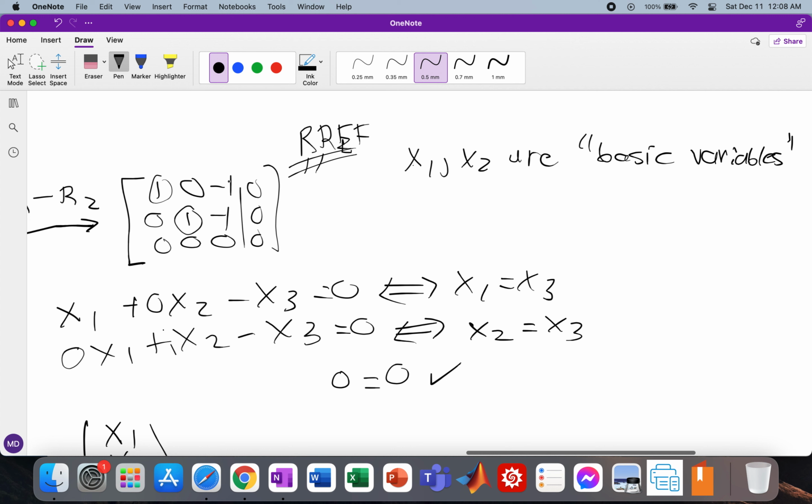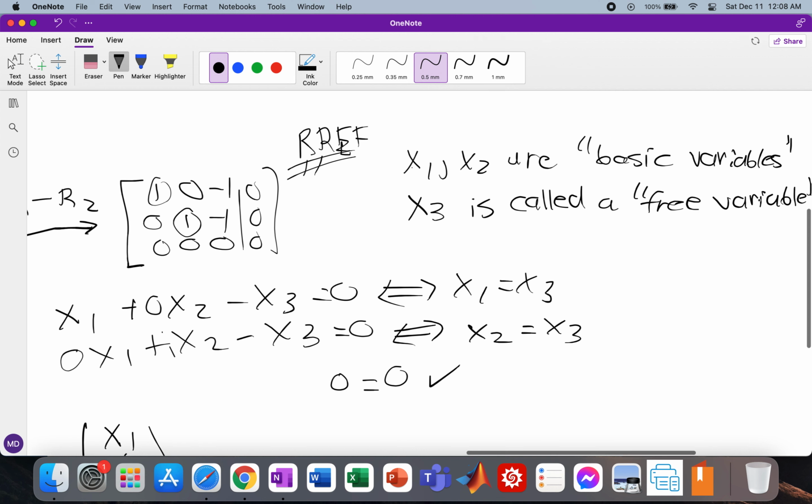Now x3, there is no pivot, and this is fully reduced. So variables that have no pivot, like x3, are called free variables. Why is it called a free variable? It's because it can be anything. It can be any scalar.